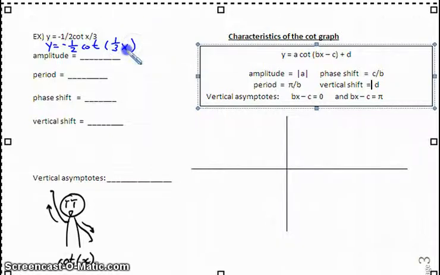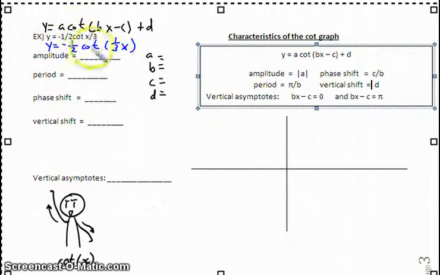I think by doing that, that's going to help me identify what my a, b, c, and d values are a lot easier. So I'm going to take the time to write out above here y equals a cotangent of bx minus c plus d, so I can figure out what the a, b, c, and d values are.